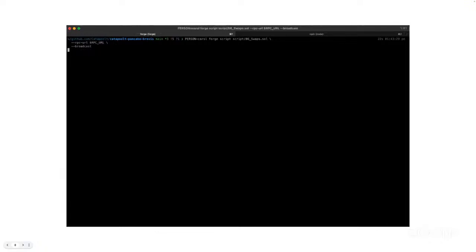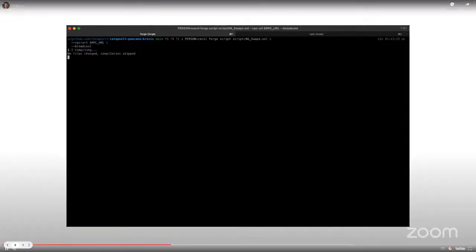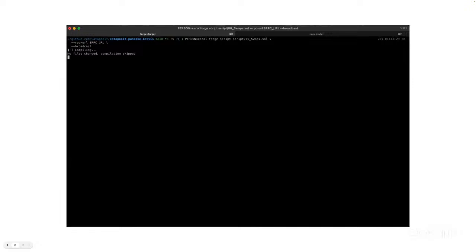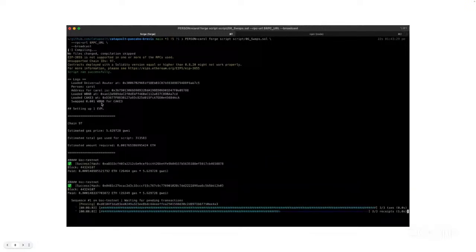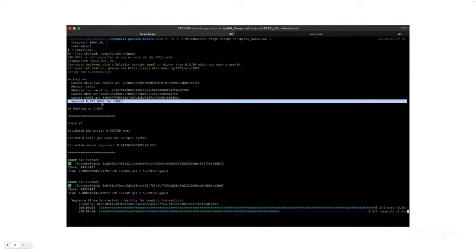And now we have Carol. Carol will perform a swap from RepBNB to Cake3, and the fees will be distributed equally to Alice and Bob. And notice that it's the fees, not the farming rewards.